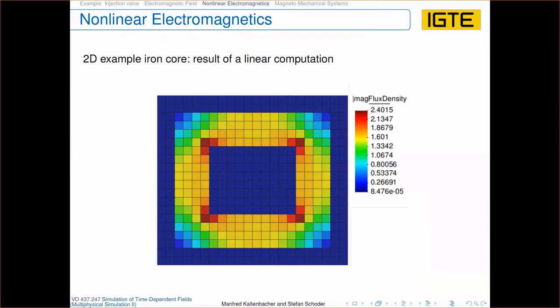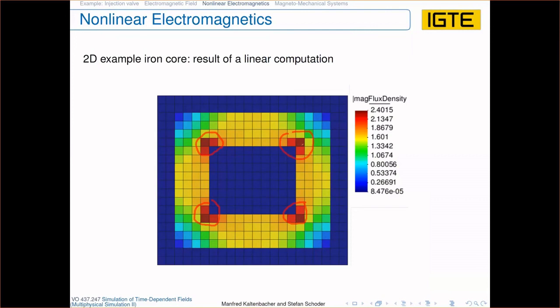Well, you see that you have really no homogeneous magnetic field, which is, according to measurements, not really correct. And you see especially very high values at the corners. That is due to the fact that you have a fixed constant magnetic permeability within the core, and that is not reality here at the corner.